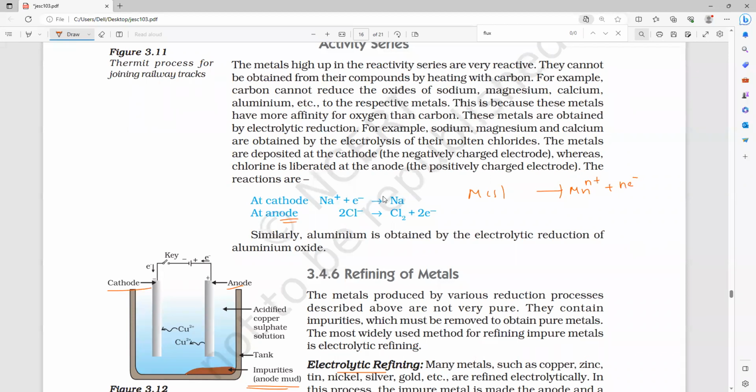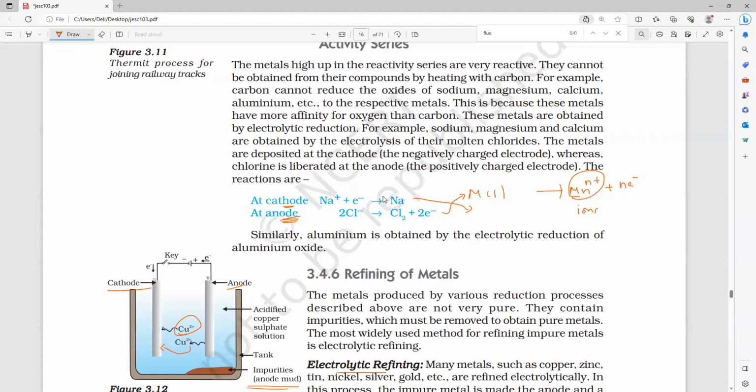And at the cathode, what will happen? It will gain the electron. This is the cathode reaction and that is the anode reaction. So at the anode, they lose the electrons and turn into what? Positive ions or negative ions? Everybody. They turn into ions. These ions move towards the what? Everybody.